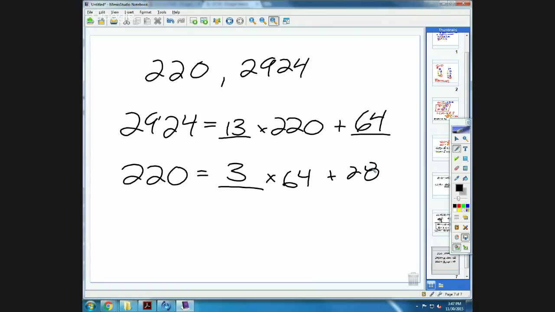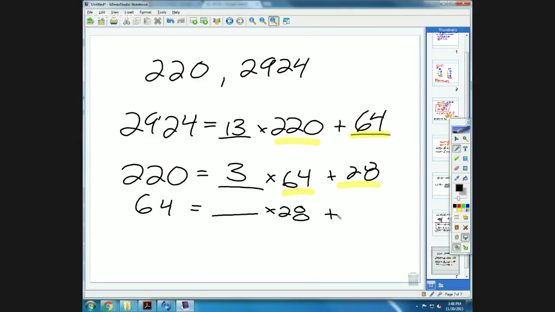So we got to do a little division, subtraction. What are we going to do next for division? 28 into 64. It's always going to be the remainder into the previous divisor, remainder into the previous divisor, and you keep running that until you get no more remainder. So 64 is how many 28s plus what remainder?